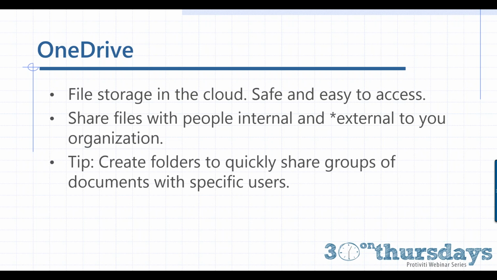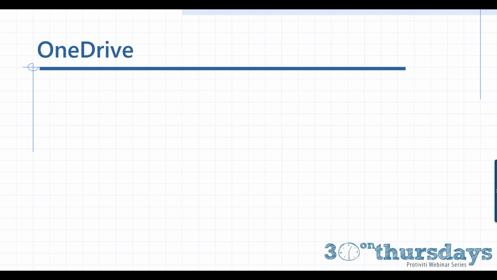That makes it a lot easier so that the users that you're sharing with, they'll have access to all of the files within the folder versus having to share individual files with people, which can be a bit of a pain. You can also sync your files for offline editing. So while you are working on a Word document, if you're offline, if you're on a plane or something like that, you can actually save your files locally, and then when you have an internet connection, it will sync those files back into OneDrive, making it so that your team can see the latest updates that you made.